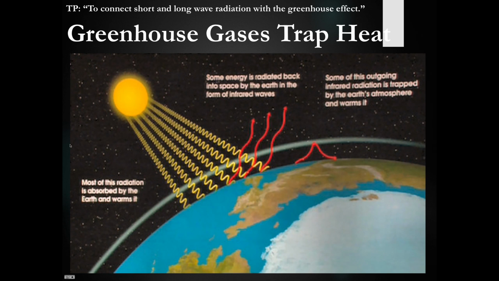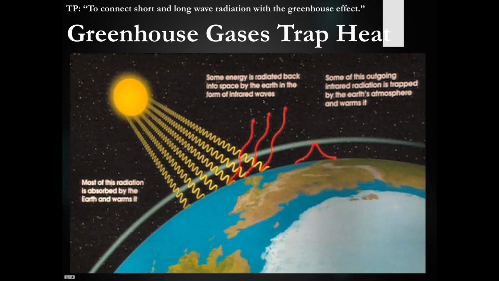Looking at this picture, most of this radiation is absorbed by the Earth and warms. Some energy is radiated back into space by the Earth in the form of infrared waves. Infrared is heat.